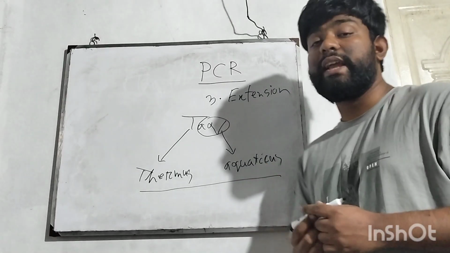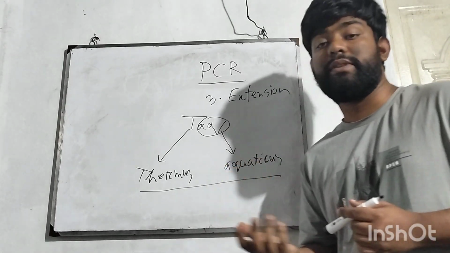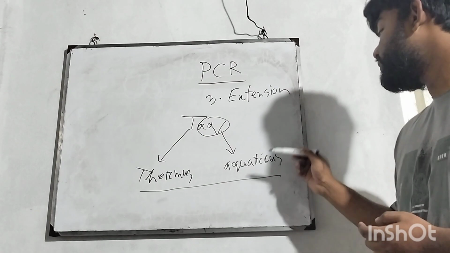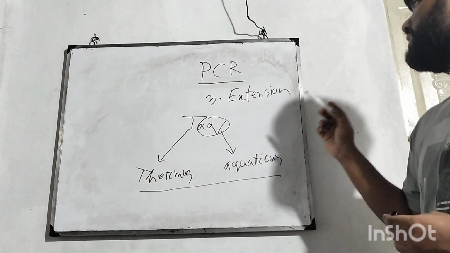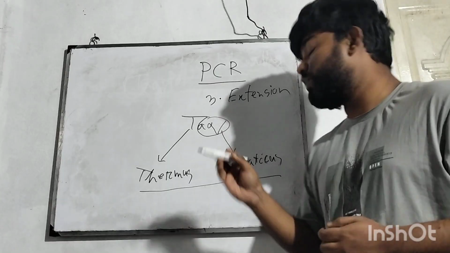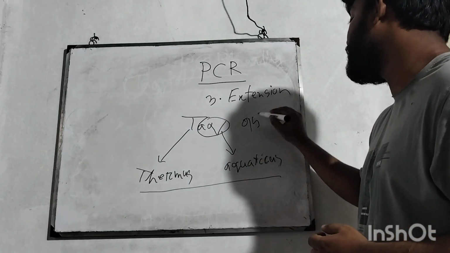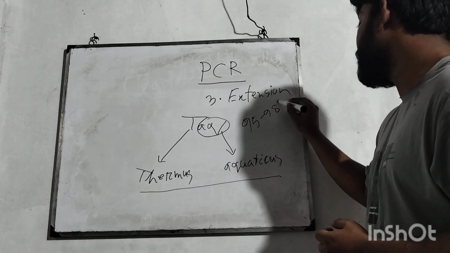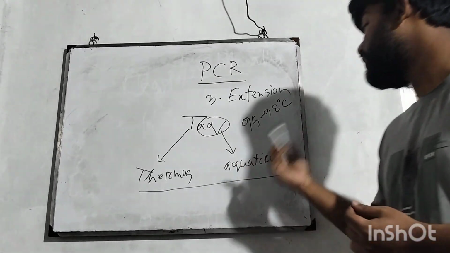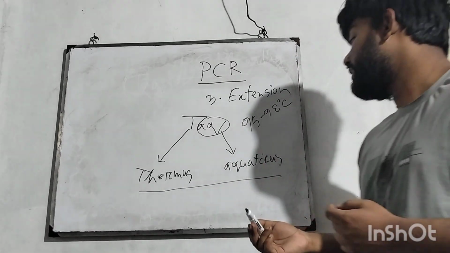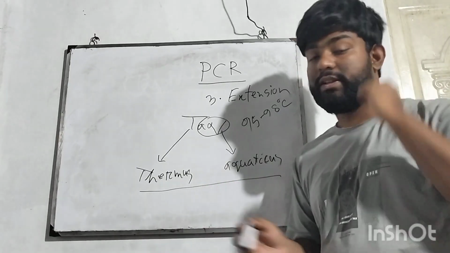This bacteria can survive in high temperature. So the DNA polymerase from this bacteria can persist the high temperature which I apply to denature the DNA, which is 95 to 98 degrees Celsius. So instead of using regular human DNA polymerase, we use the DNA polymerase which is found in this bacteria.